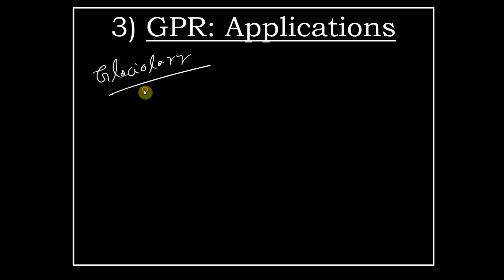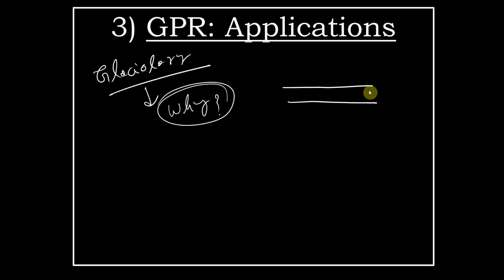So GPR works very well in glacier, in ice. Why? The basic fundamental principle you should remember about GPR: if your overburden, the topsoil, is resistive, then GPR works well. And freshwater ice is generally resistive.